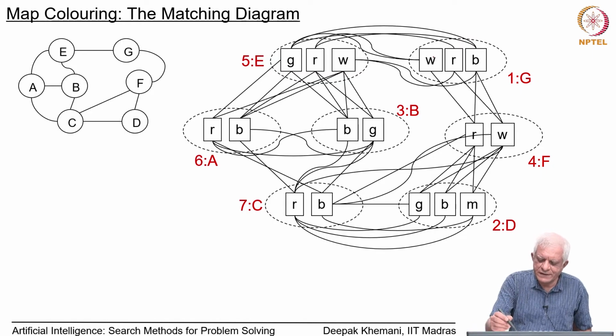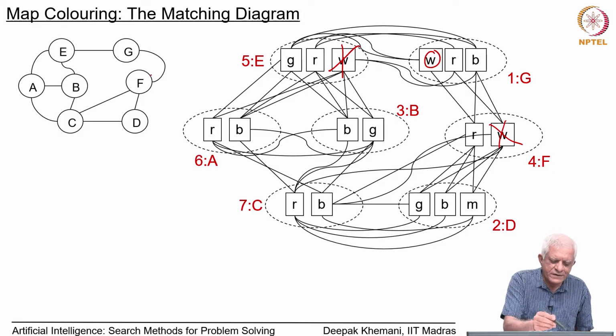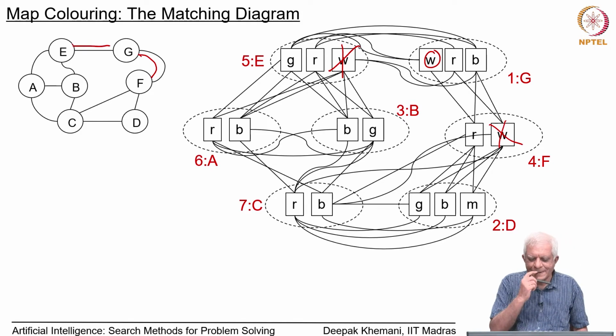Once we choose this W, forward checking will say remove this W from F and remove this W from E. Why? Because G is connected to F and G is connected to E, and these values are not consistent with the value of W essentially.